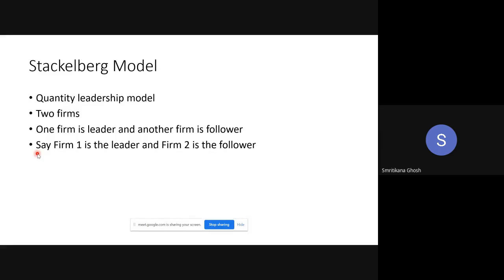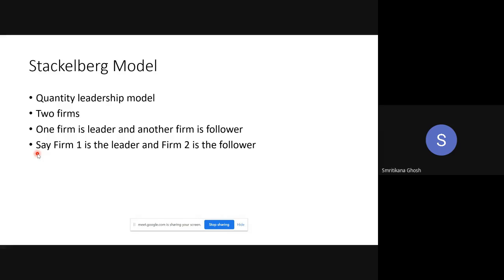This is just a decision. You can take it the opposite way, that firm two is the leader and firm one is a follower. Nothing will happen. Everything will be the same. But don't worry about that. Say firm one is a leader. Now tell me if you can understand this structure. This is the basic structure. We will discuss it in detail.